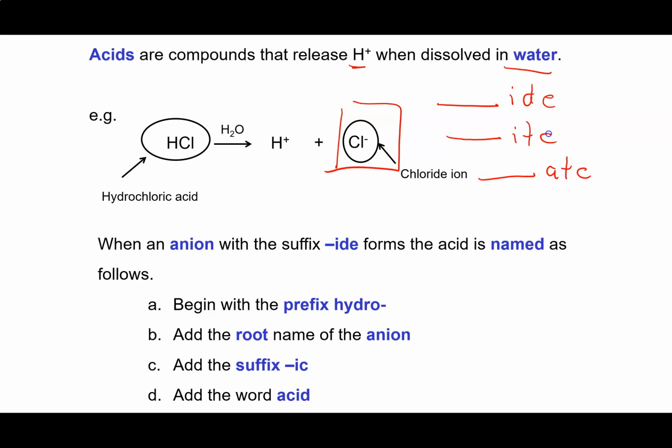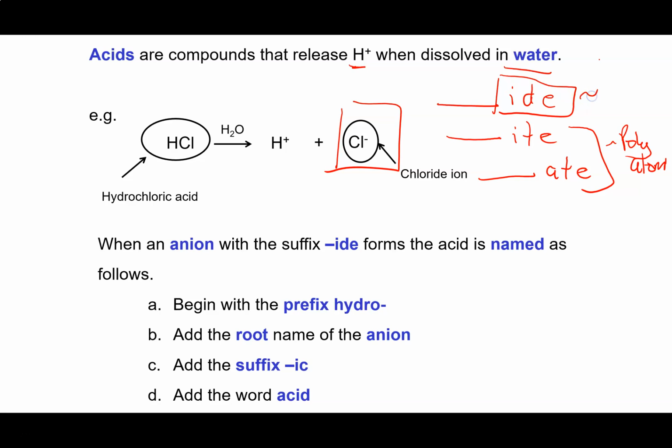Something to keep in mind that makes it really simple is that all monatomic anions end in IDE, because that was part of our rules for naming monatomic anions. You don't have to work too hard for that one. The endings ITE and ATE are what we're going to see when our anion is polyatomic.